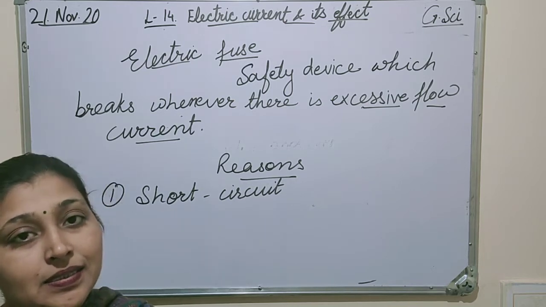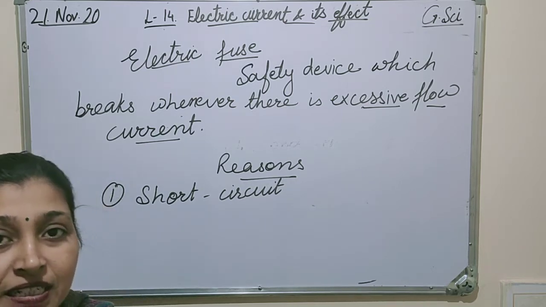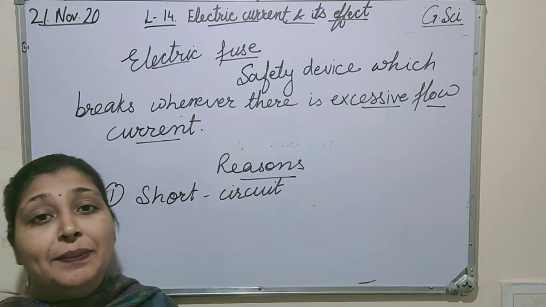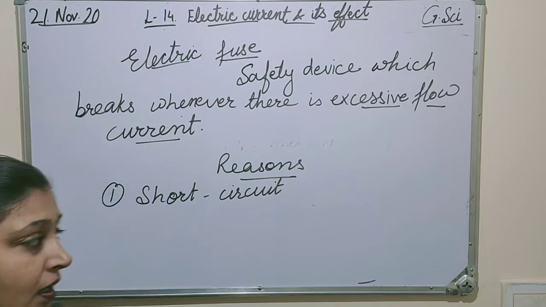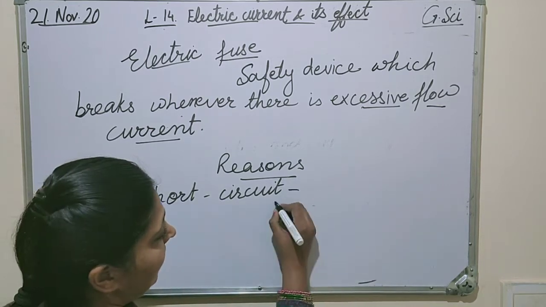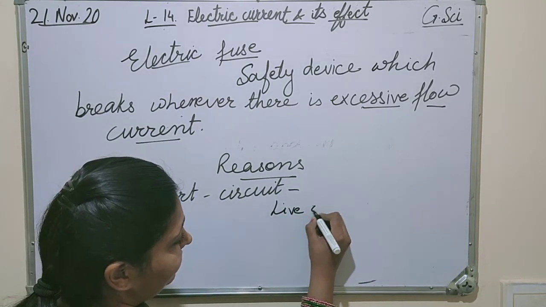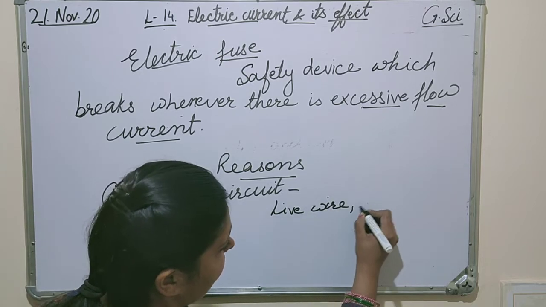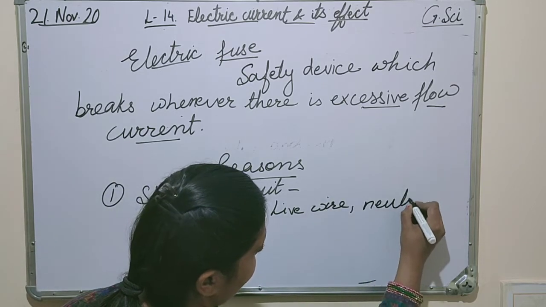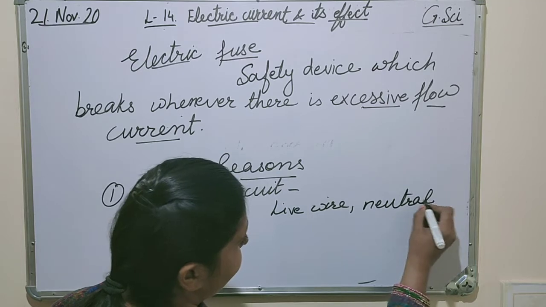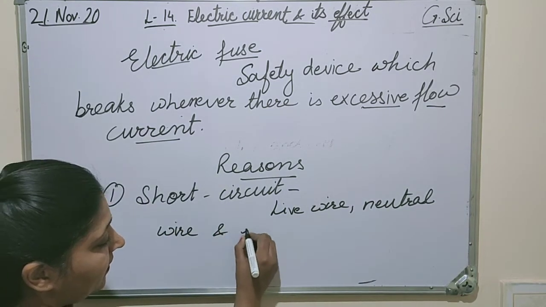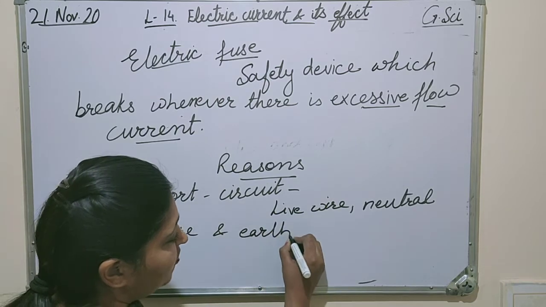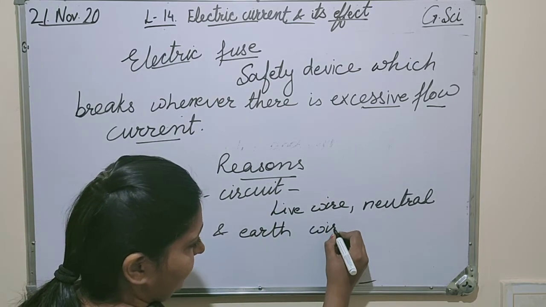These three wires are named live wire, neutral wire and earth wire. There are three types of wires which we connect in our system.